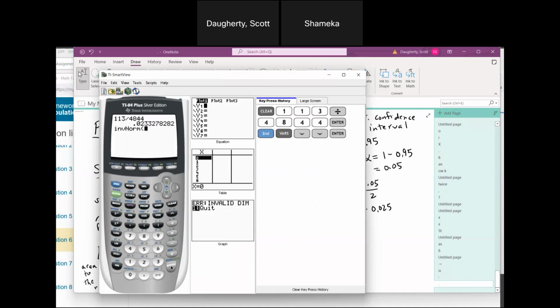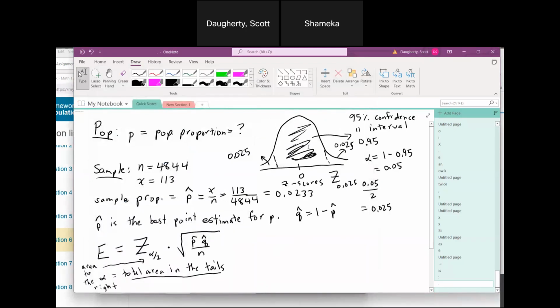So just go to that. And then the calculator wants the area to the left of the z-score, which is kind of opposite of what we've got here in the picture. So you need the area to the left of this. Well, the area to the right of it is 0.025. And the calculator doesn't want the area to the right. Unfortunately, they program the calculator so that they always want the area to the left of it.